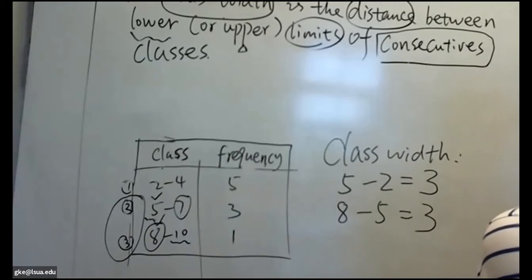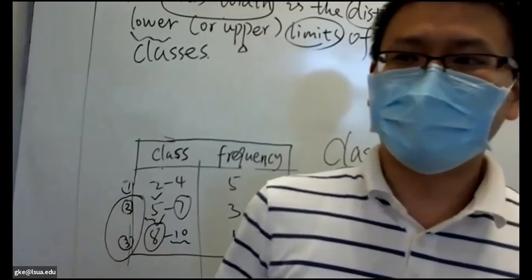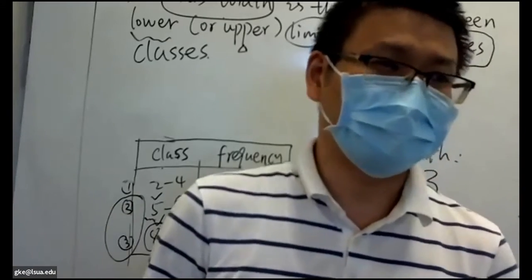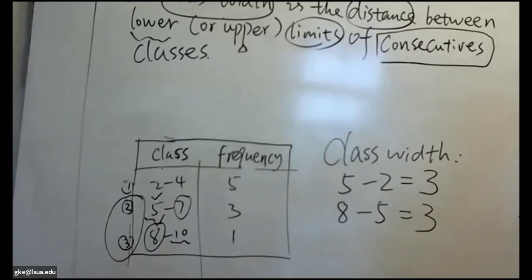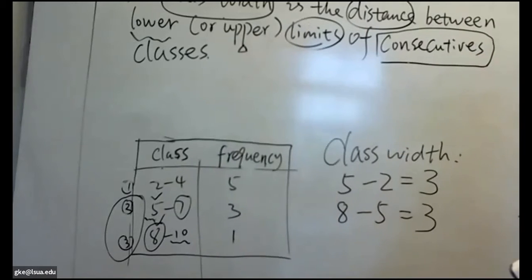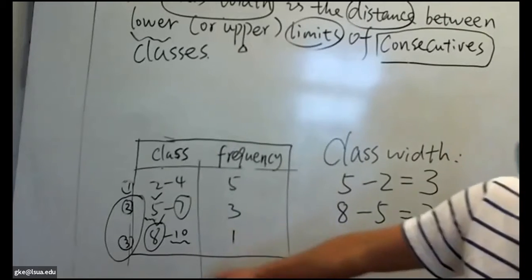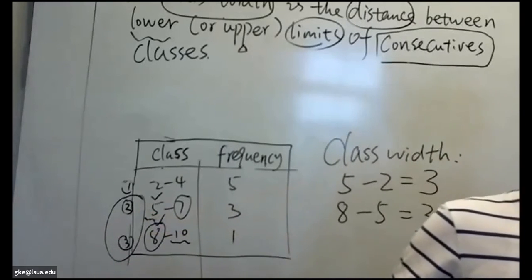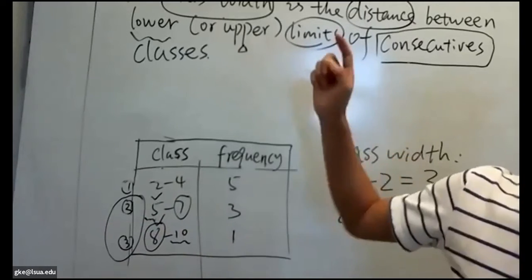Okay, understood? Some people don't like to pick the lower class limits. They prefer upper class limits. We can do the same thing, and now we're going to use another method. We use the upper class limits. This time, we pick class 2 and 3. They are consecutive classes. Now we pick the upper limit.